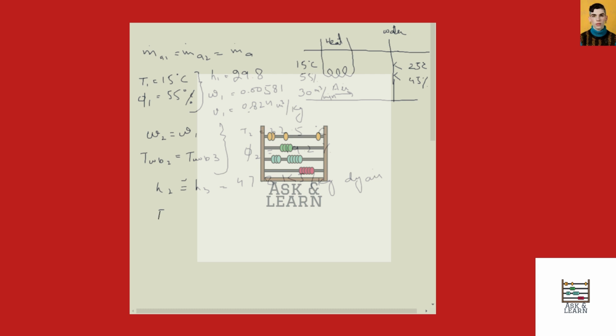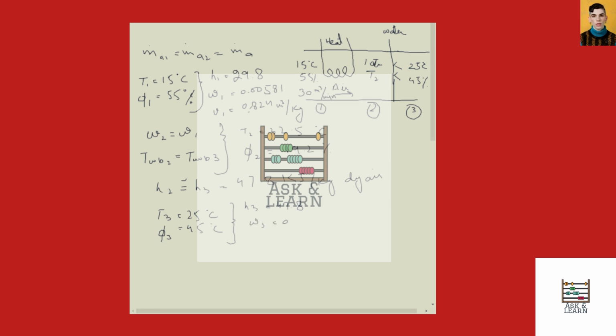After that, T3 is equal to 25 degree, relative humidity 3 is equal to 45%, and here H3 is equal to 47.8.